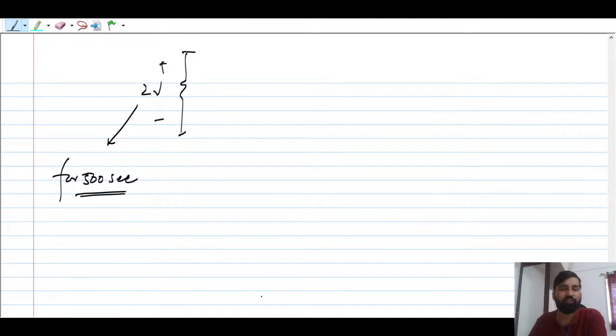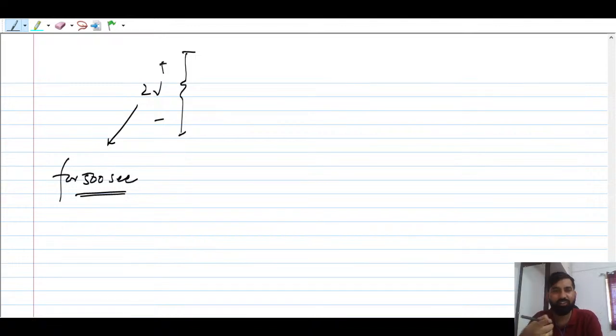Now the question is: suppose 2 volt is applied across a resistor for 500 seconds. What will be the energy?